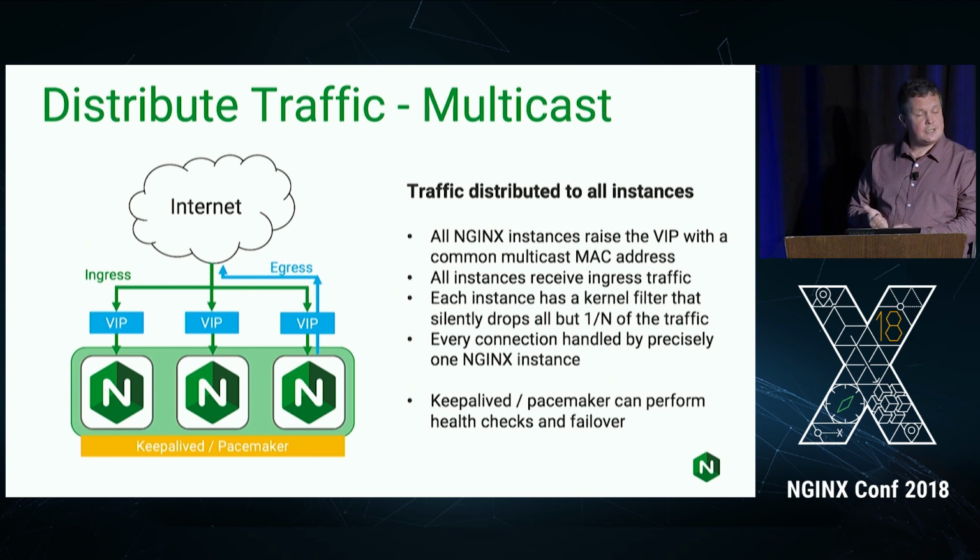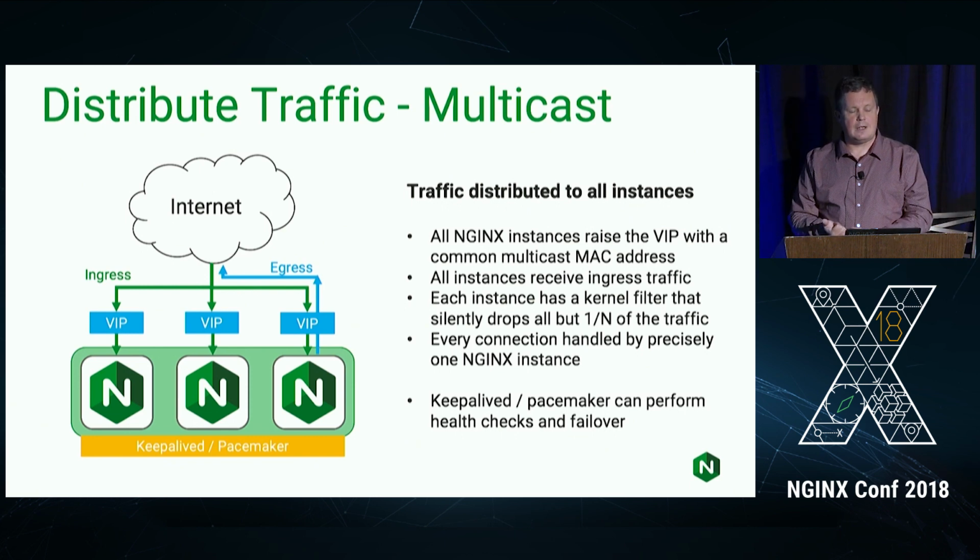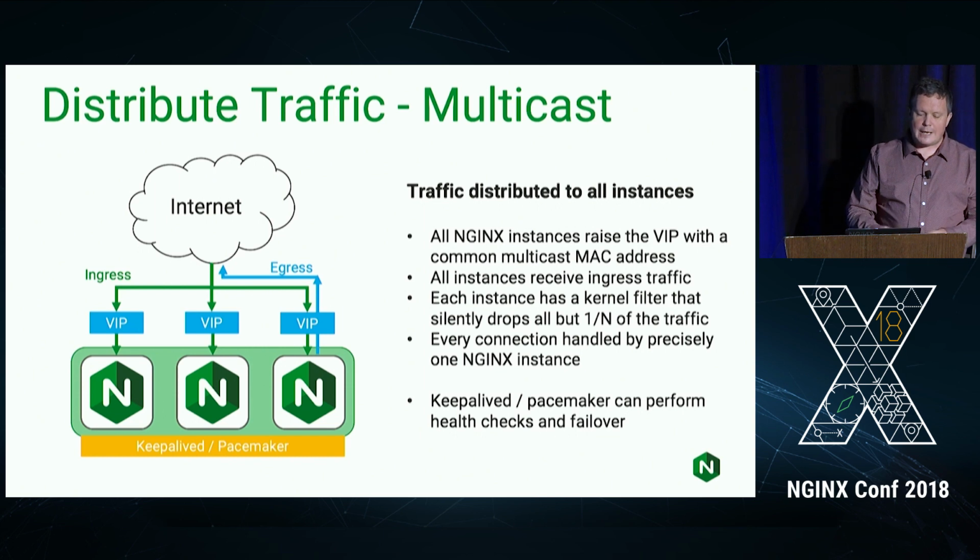The third solution that I'd like to run through quickly is similar to the IPVS solution. It allows you to take a single IP address and publish it on multiple NGINX instances, but it uses Multicast and the cluster IP module rather than IPVS. The mechanism behind this instance is that you raise the virtual IP on all of your instances, and you raise them with a common multicast address.